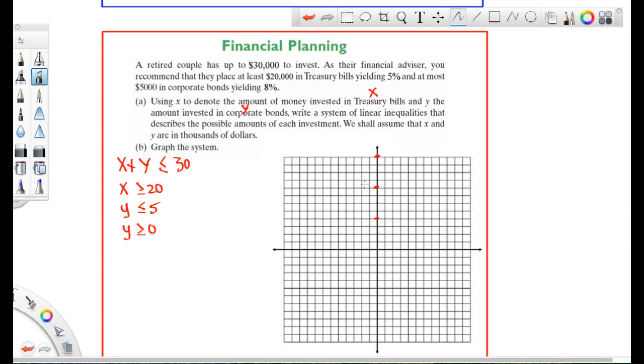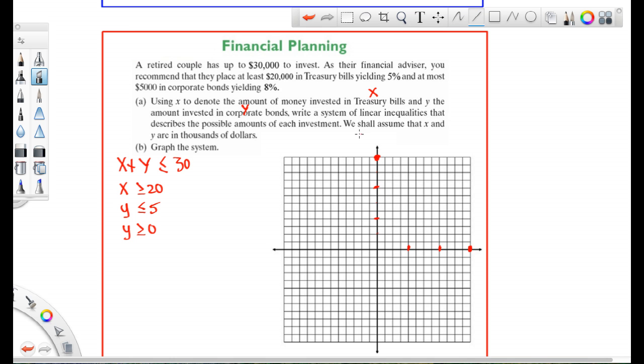And that's 30. And that should work, right? Because that's the most that I'll have. So 10, 20, 30. So x plus y less than or equal to 30 runs through 30 here and 30 there.